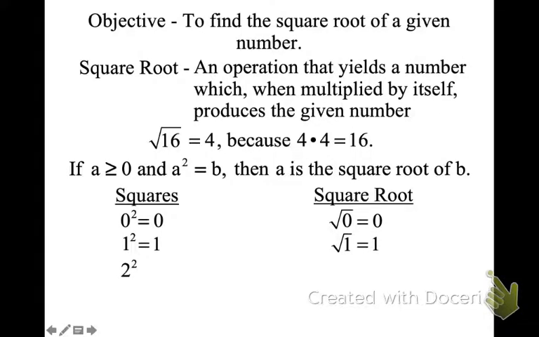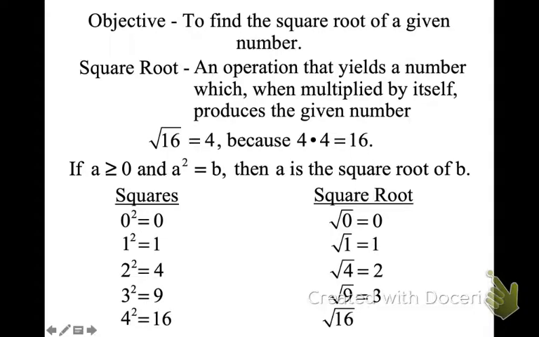When I square 2, I get 4, and the root of 4 is 2, because 2 times 2 equals 4. If I square 3, I get 9, and the square root of 9 is 3. If I square 4, I get 16, and the square root of 16 is 4.